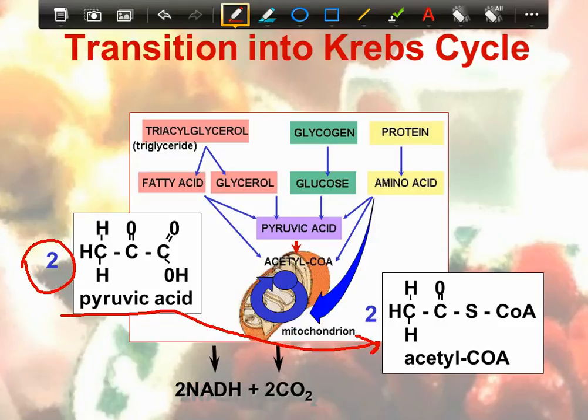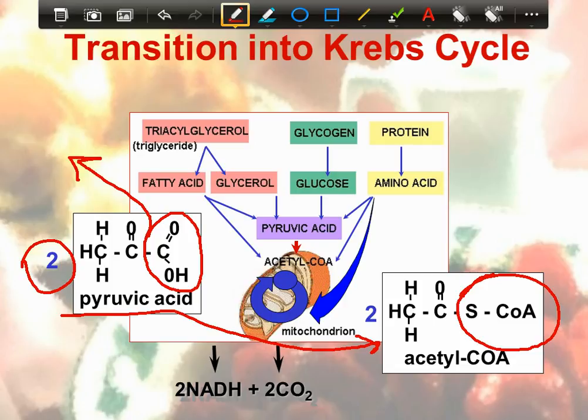Notice that this part of pyruvic acid gets lopped off, and there is a sulfur combination, coenzyme A, stuck there instead. Now look at this COOH. That's a carboxylic acid group right there. Hydrogen tends to just wander off on its own, leaving a COO.